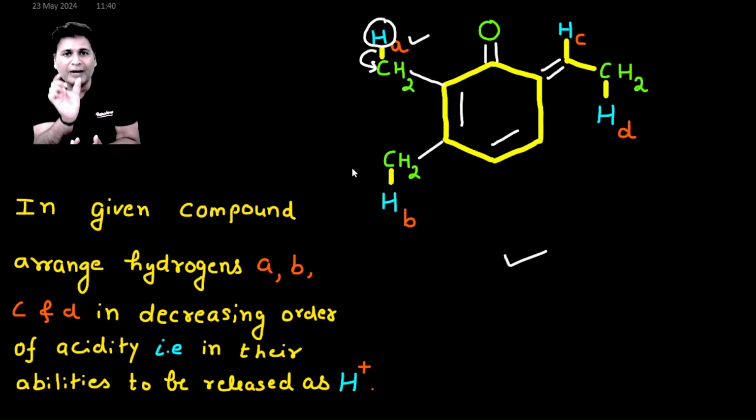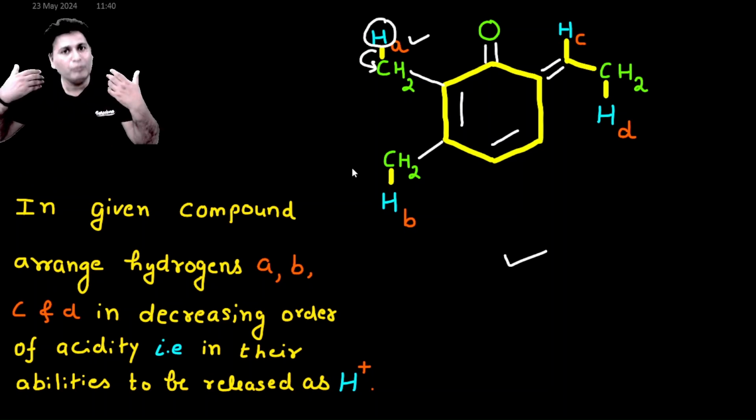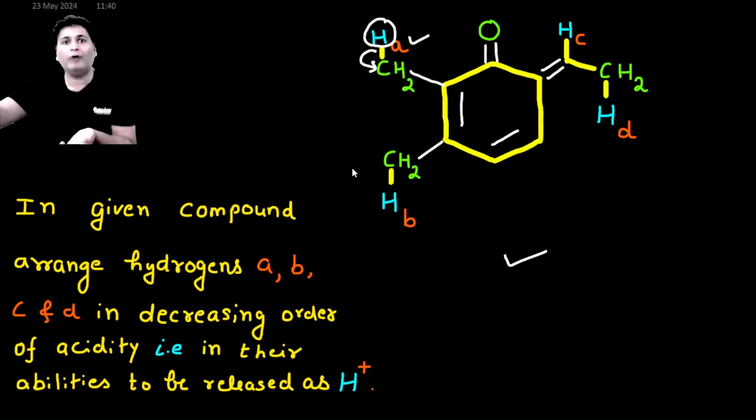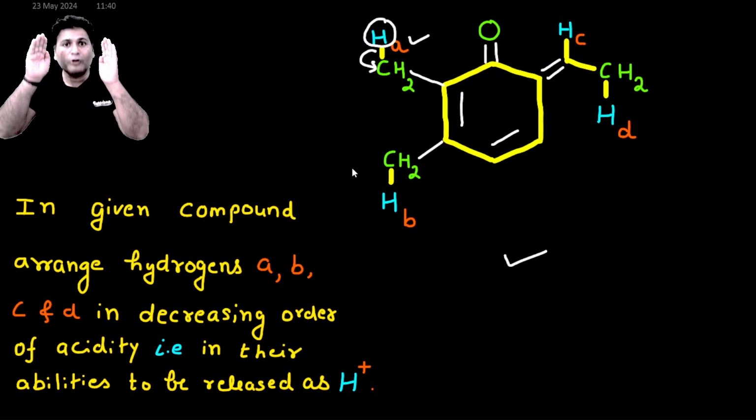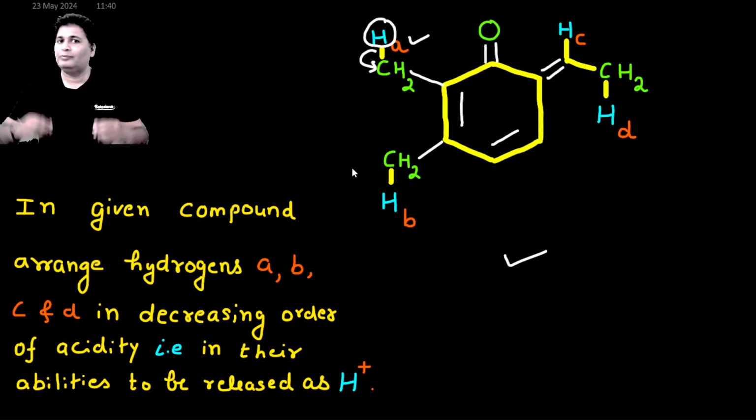If the carbanion formed is stable, then the proton is removed easily. It becomes easier to get that proton out because the outcome is stable. The outcome is a carbanion. You have to see the stability of the carbanion, and if it is stable, with that ease the hydrogen will be given out as a proton.